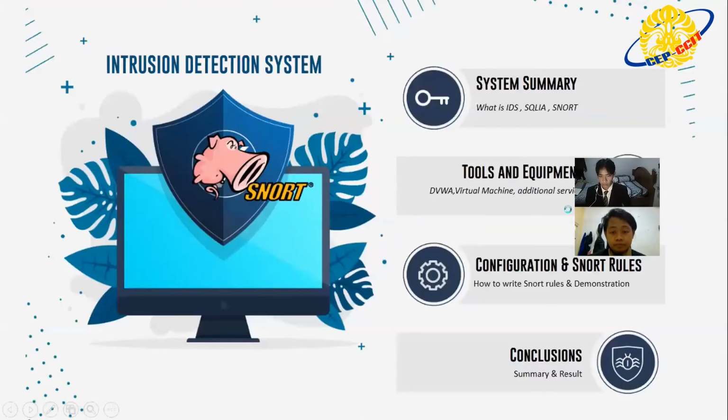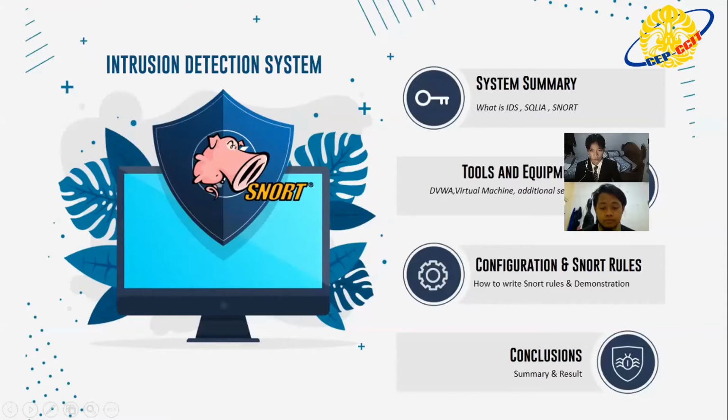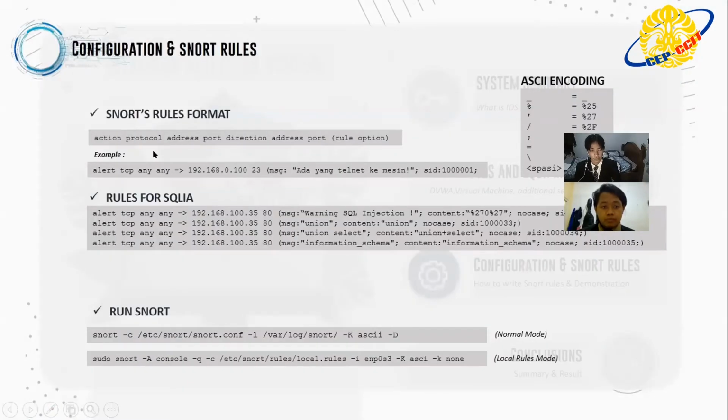Next, the configuration and the rules of SNORT. SNORT can be set up with several rules, and the SNORT rule format is action, protocol, address, port, direction, address, port, followed by rule options. Actions are like log or alert: log is for logging, and alert gives you an alert. Then the protocol is like TCP, UDP, or ICMP, whatever you need.